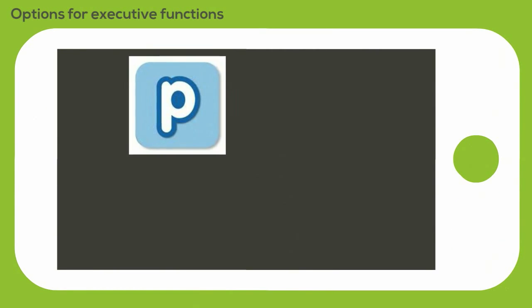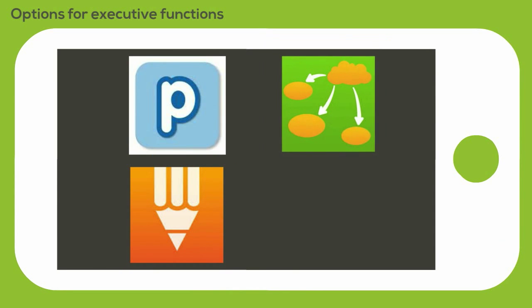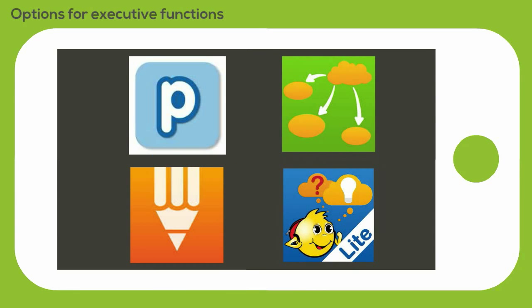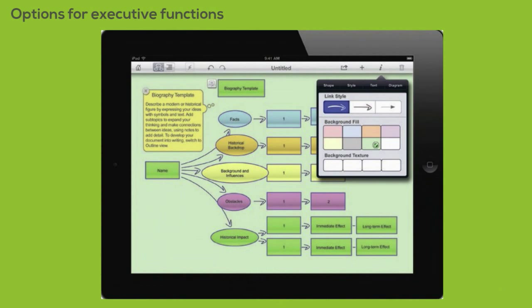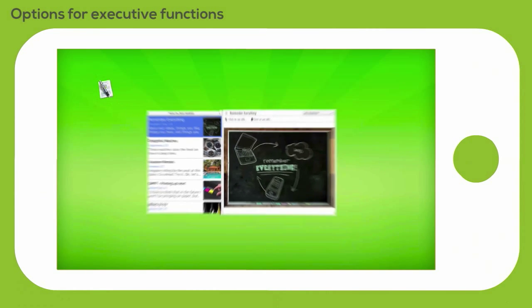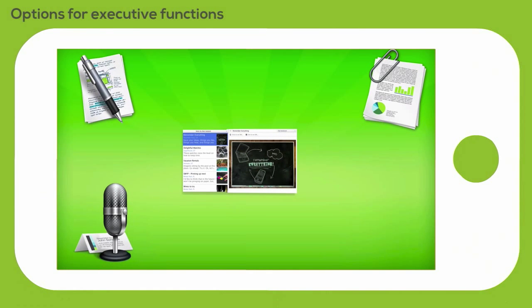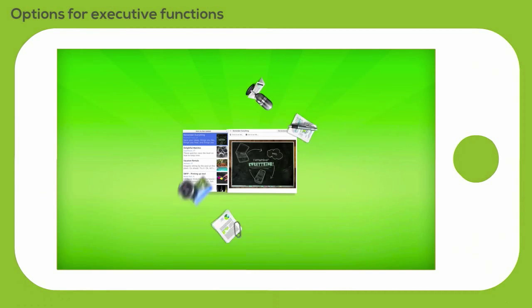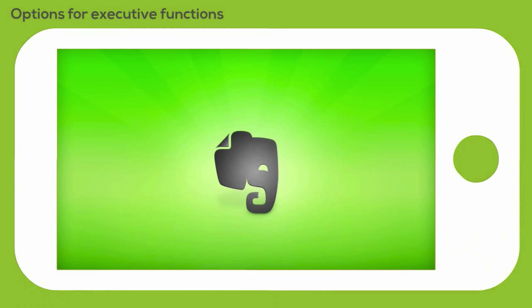Provide apps such as Poplet, iBrainstorm, Inspiration, or Kidspiration, and model visual learning techniques for planning and organization. Teach students how to take notes and integrate organizational strategies using tools such as Evernote or Microsoft OneNote.